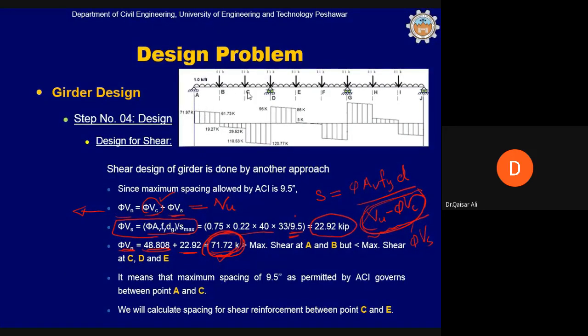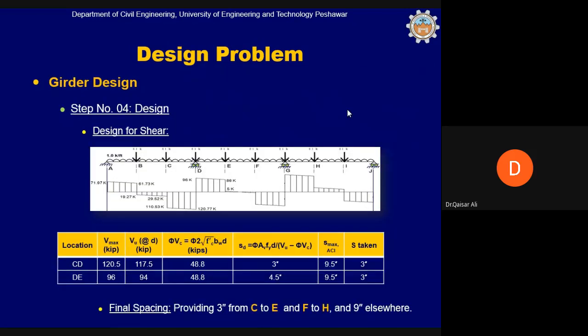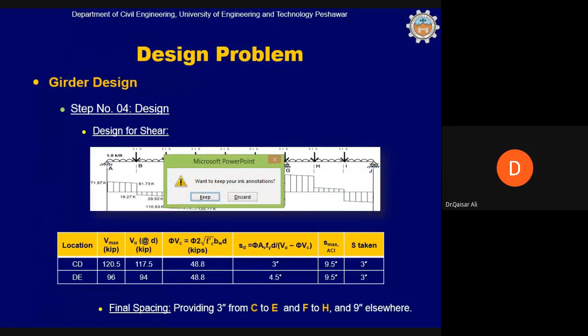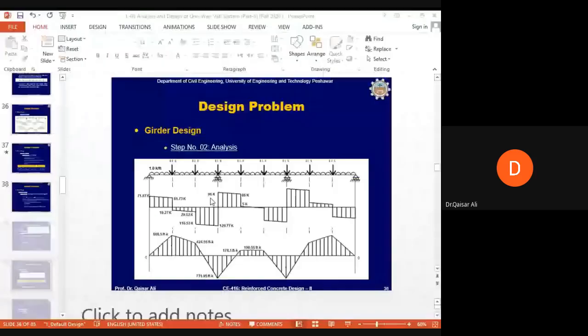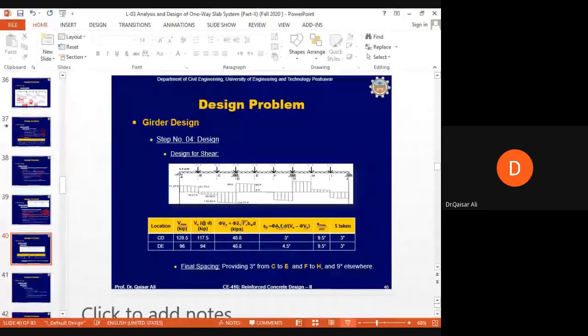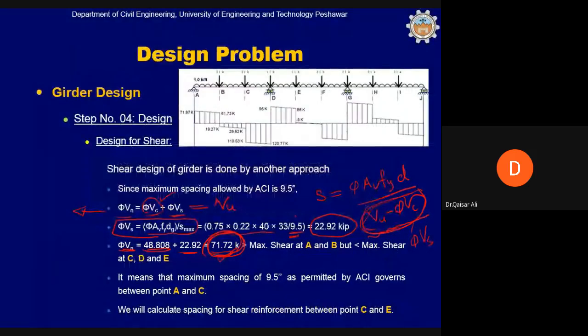So this location from A to C, and also on the other side, we don't need to design for shear. We can provide 9.5 inch spacing here on both ends.